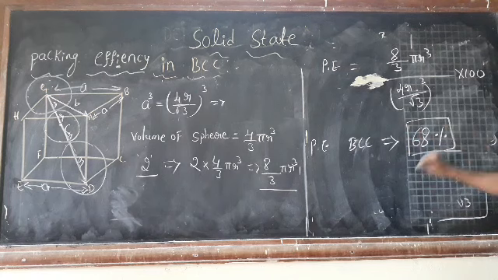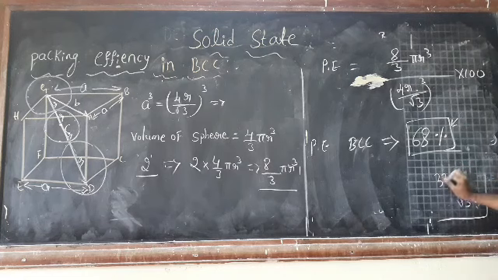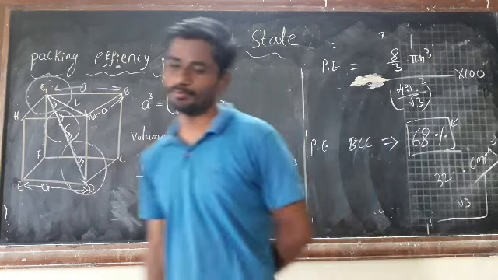This 68% indicates that in the BCC, 68% of the space is occupied. So the remaining 32% of the space is empty. This is the packing efficiency in BCC.